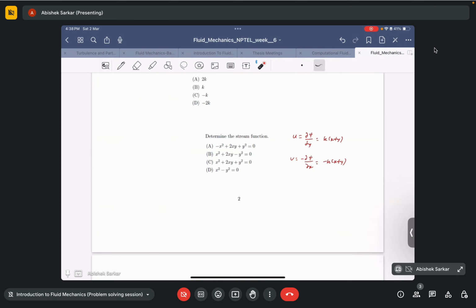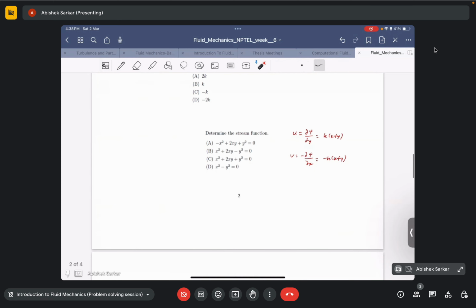For a case where the constant k by 2 is equal to 0, we will have psi xy, x square plus 2xy plus y square, equal to 0. It's just the value of the constant that determines different stream functions. So we need to capture the generic term, which in this case would be x square plus y square plus 2xy. So this is the answer.